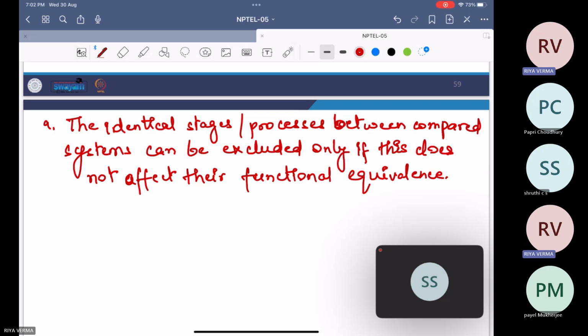Okay, so this is also a true false type of question. The statement is the identical stages or the processes between compared systems can be excluded only if this does not affect their functional equivalence. So, is this true or false?